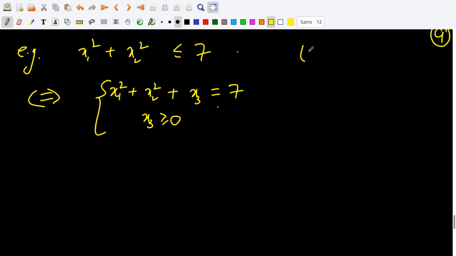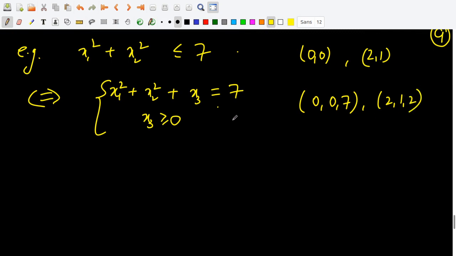For example, 0 0 is feasible here, and 0 0 7 is feasible here. 2 comma 1 is feasible here, 2 comma 1 comma 2 is feasible here.